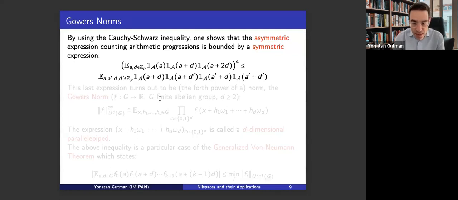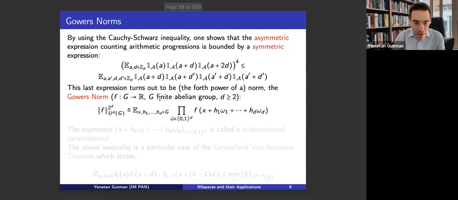And actually, this is a particular example of the so-called Gowers norms. Gowers introduced something which he called uniformity norms of order d, for d an integer. Today we call them Gowers norms. This is for a finite abelian group. You take the normalized average over certain products.